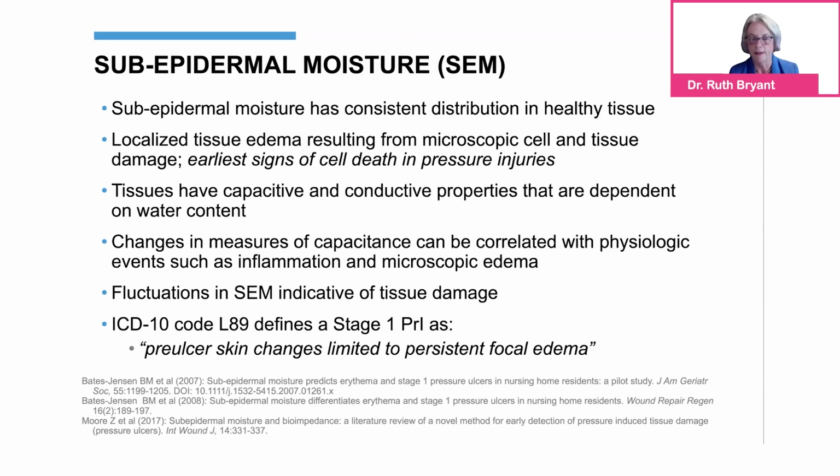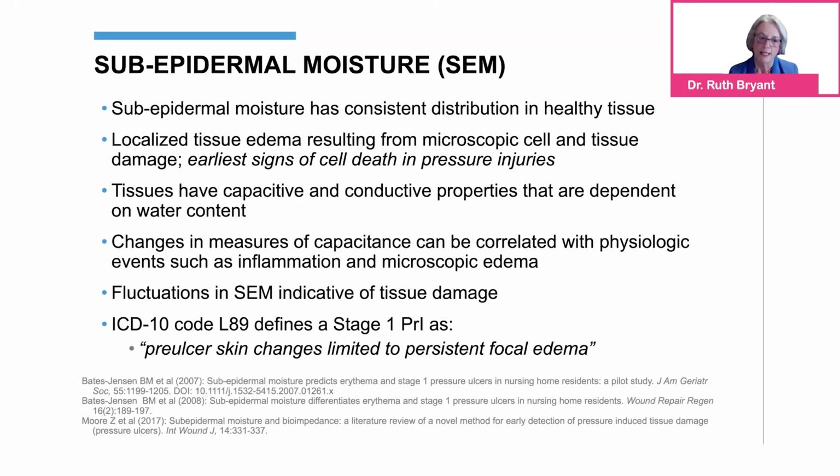And this correlation with stage 1 pressure injuries is thanks to the research done by Dr. Barbara Bates-Jensen. We also know that tissues have a capacitance that is dependent on water content. So the more water they have, the more conductive properties they have.